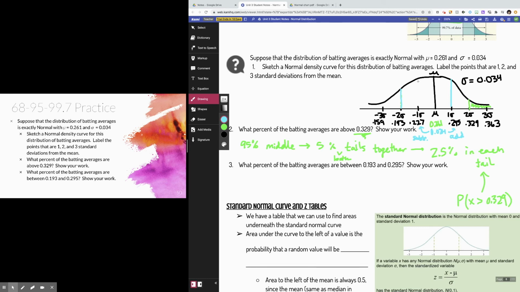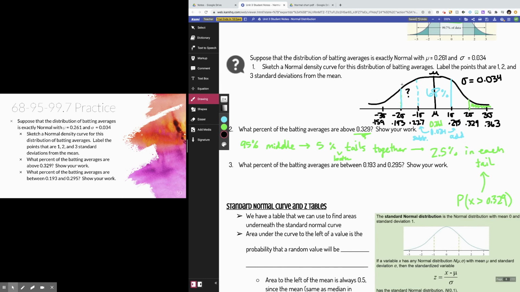There's a couple of different ways that you could solve this, either by using addition or by using subtraction. So I'm going to use the addition method, saying, okay, between -1 and 1 standard deviations is 68%. And all I'm missing is this area here between -2 and -1 standard deviations.